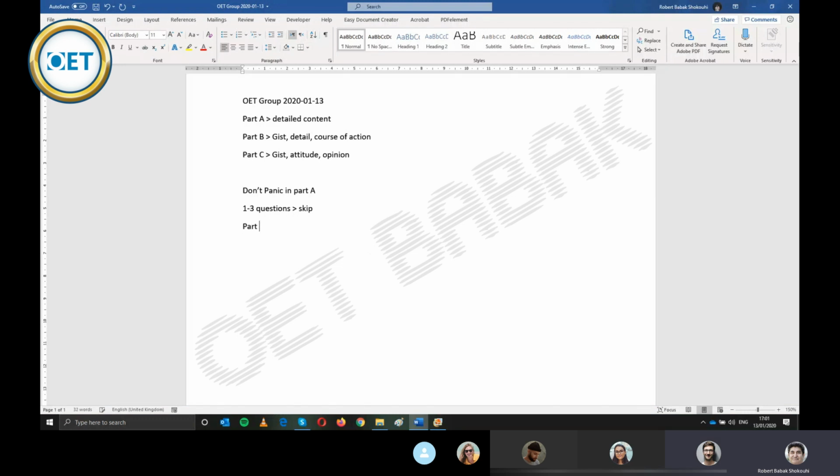So part B, you need to remember, you need to synthesize. So basically combine the information. Distractors are usually part of the conversation, so you might hear all that is written there, but one of them is the answer.